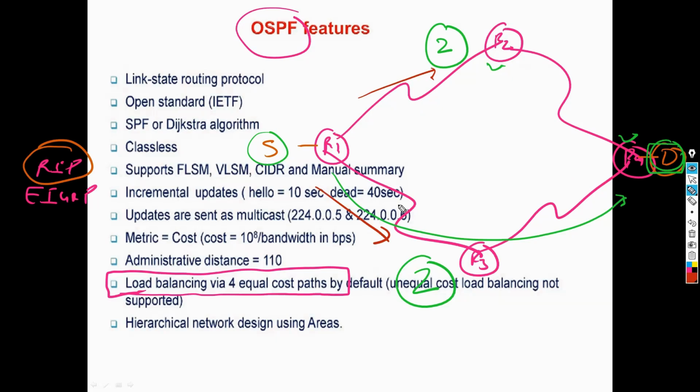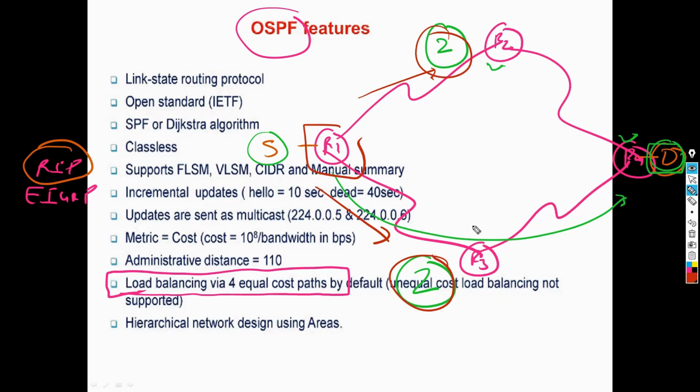So what will the router do? R1 will install both the routes in the routing table, and it will utilize both the routes. Clear my point? This is called equal cost load balancing.